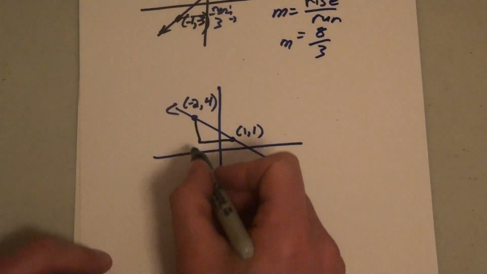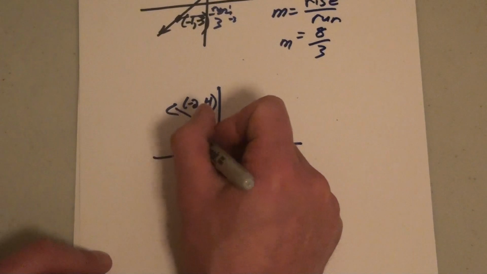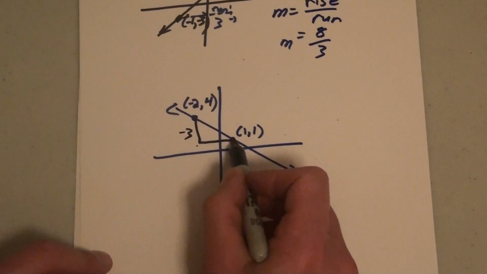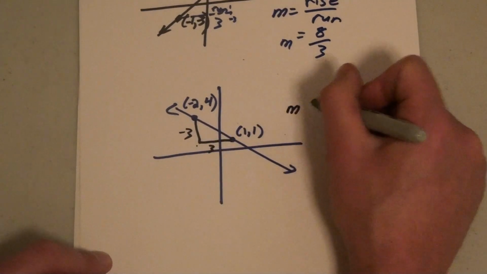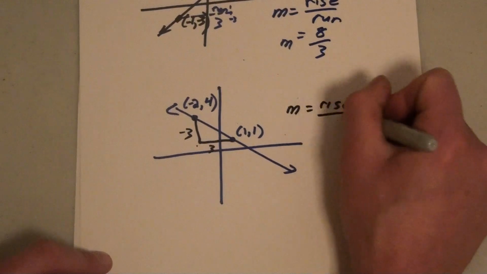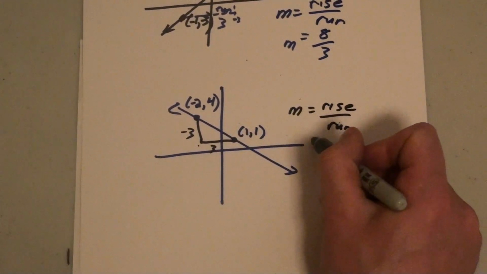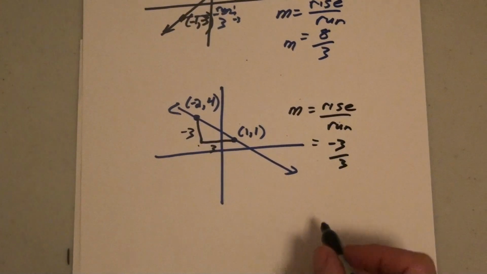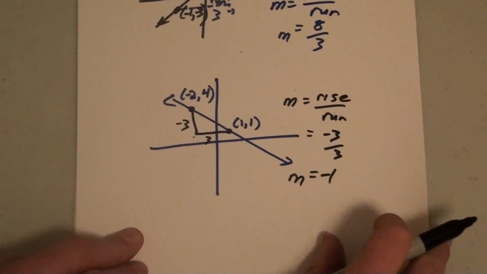Now it went from 4 to 1 on the y, so it went down 3. And then on the x's, it went from -2 to +1, so it went over 3. So your slope, which equals rise divided by run, how much you changed in your y's divided by how much you changed in your x's, is it went down 3 and it went over 3. -3 over 3, which can be reduced down to -1. And that'll be your slope.